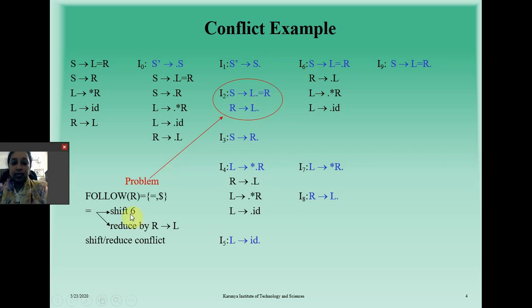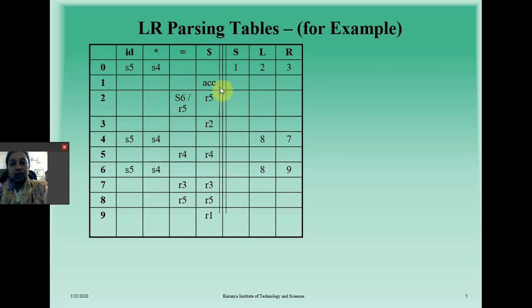One is shifting to item set I6 and the other one is reduce by R produces L, which is a shift-reduce conflict. That is shown in the parsing table. So we have a multiple entry, and when the top of the stack on parsing is 2 and we read equal to, the parser cannot decide whether to shift the next character or to reduce based on the production R produces L.